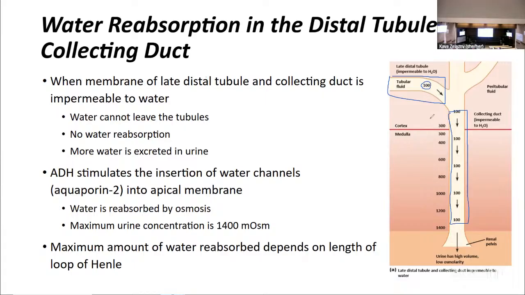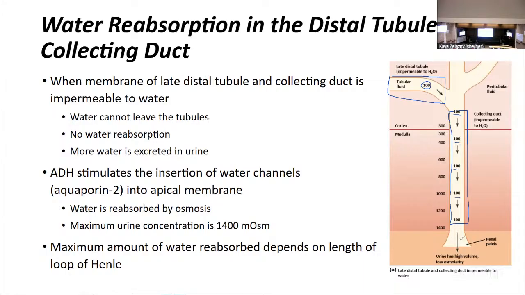There's a potential pull on water from the renal cortex, which is at 300, so that's a higher osmolarity. But without these water channels, these aquaporins, we can't move water, so we just see that same osmolarity continuing through the collecting duct. We see 100, 100, 100 until we eventually make our way to the bladder as urine.